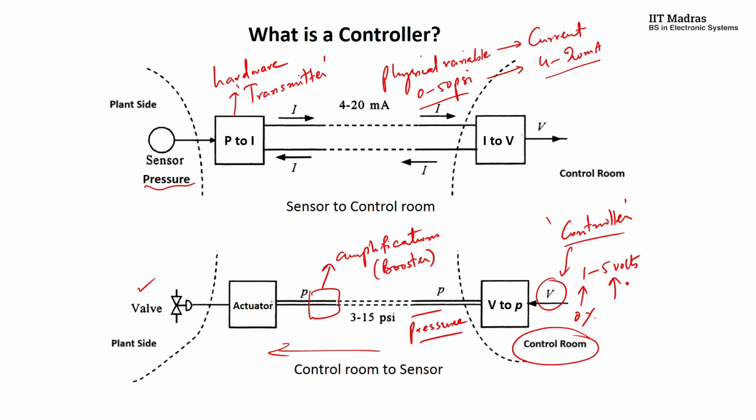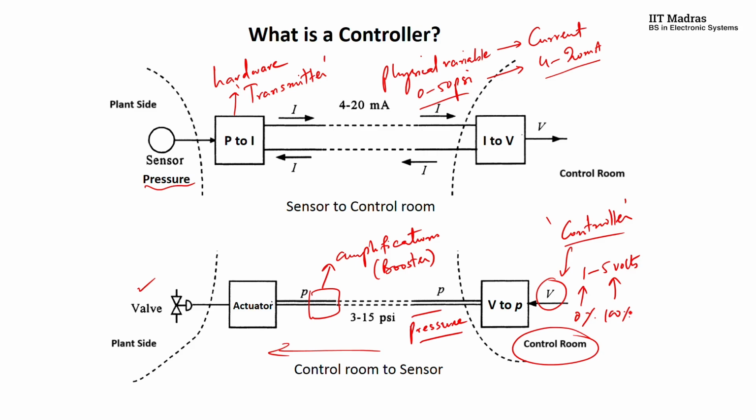I'll tell you the notations of percent a little later in the problems. And 5 volts means 100%. This is the way you have the control output scaled from 0 to 100% in terms of voltage. So 1 to 5 volts is converted to pressure directly. That is one possibility.